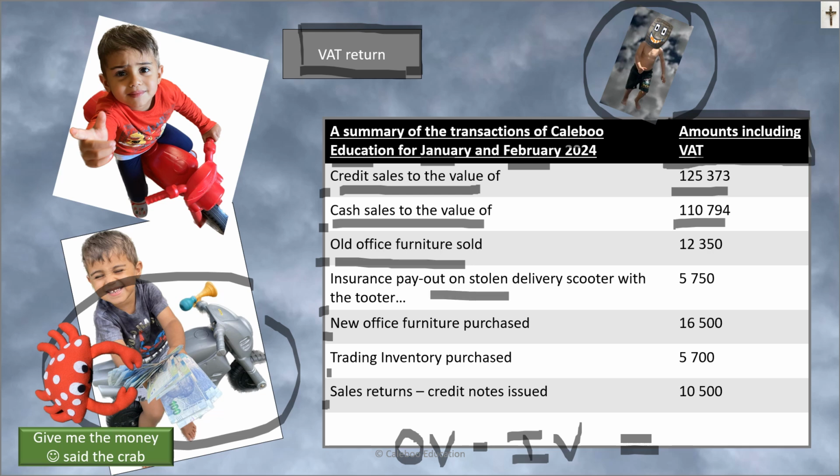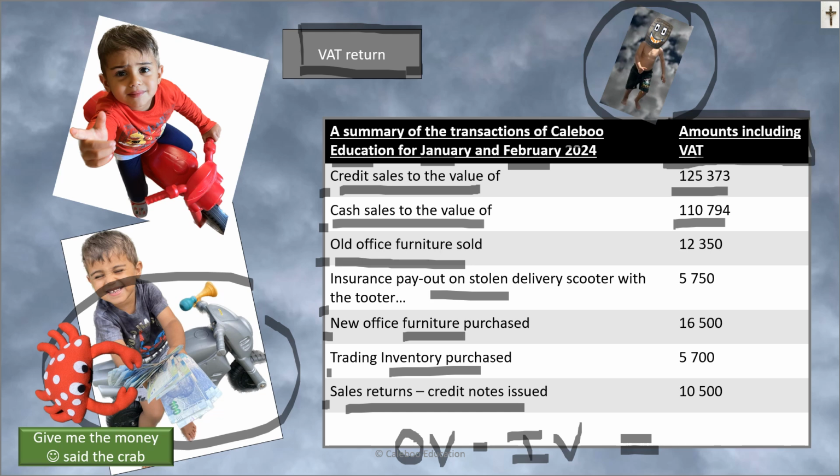New office furniture was purchased, trading inventory was purchased, and then there were sales returns. So we will see and calculate output VAT and input VAT on all these transactions.